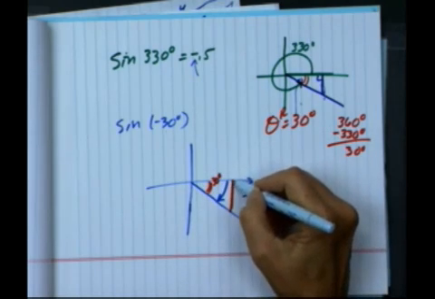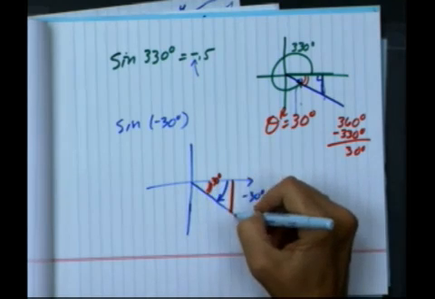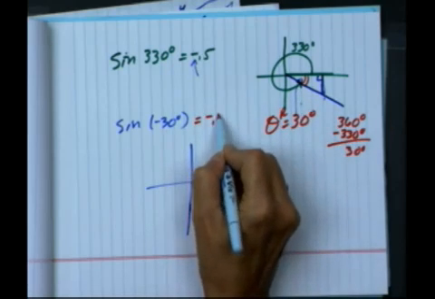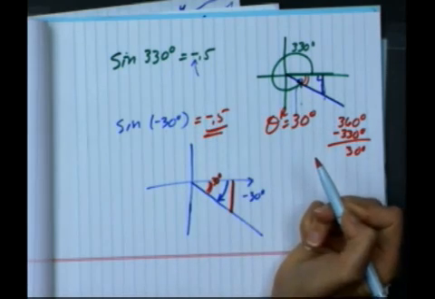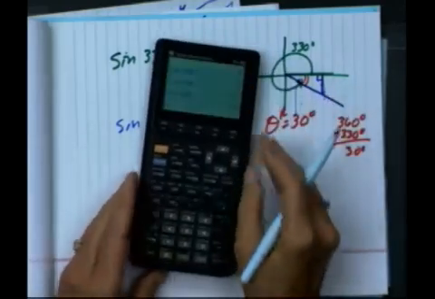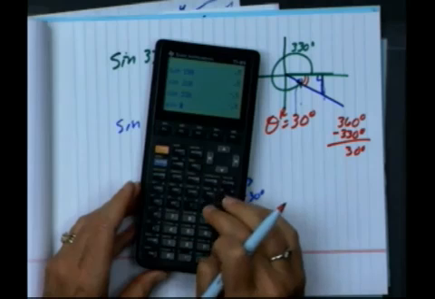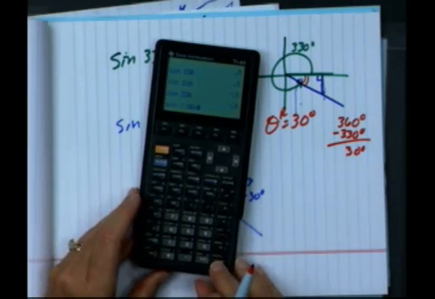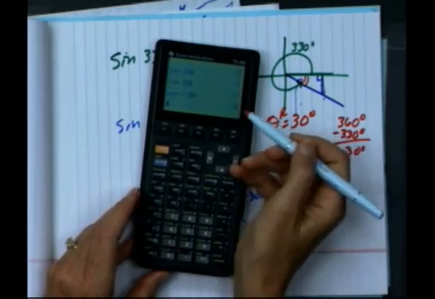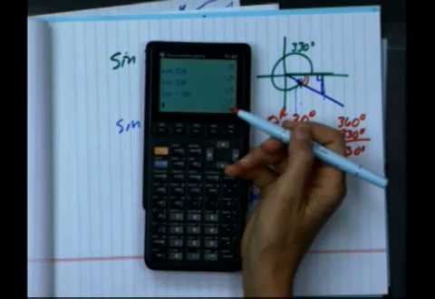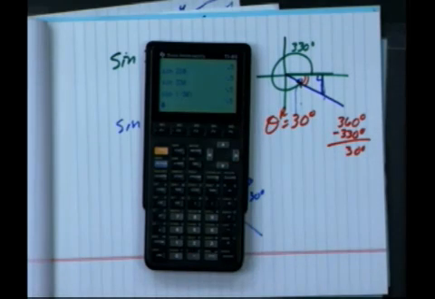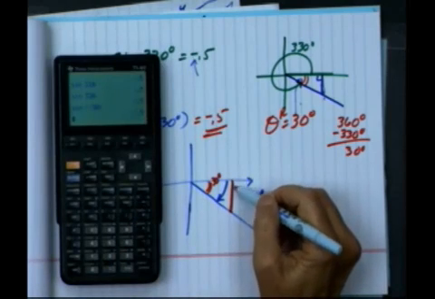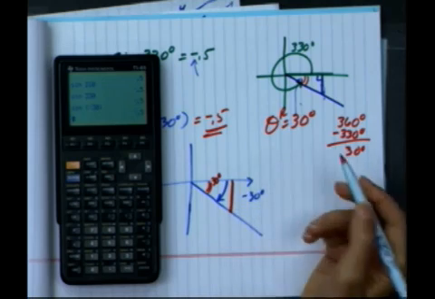And I still see the opposite is negative, the hypotenuse is always positive. So I expect this to be negative 0.5 when I punch away in my calculator. All right, so let's put in sine, and I'll use parentheses, minus 30 degrees. And presto, there is negative 0.5. And that's because it was a negative direction, and my opposite in this negative direction was negative.